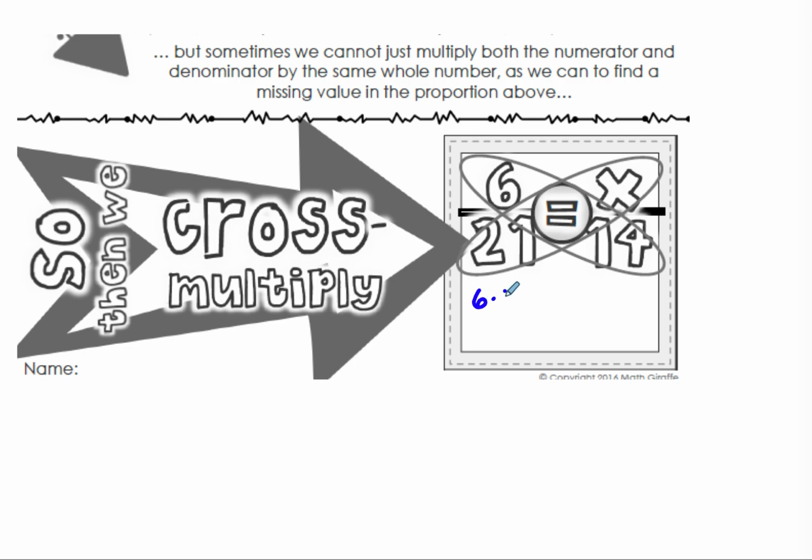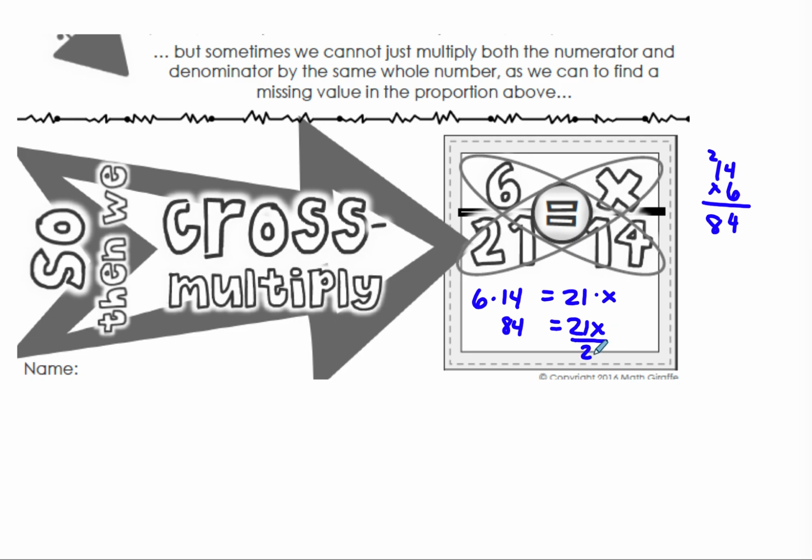So I have 6 times 14 equals 21 times x. All right, let's see. 21 times x is just 21x. 6 times 14, I'm going to do off to the side here. 4 times 6 is 24. 6 times 2 is 6, plus 2 is 8, so 84 equals 21x.